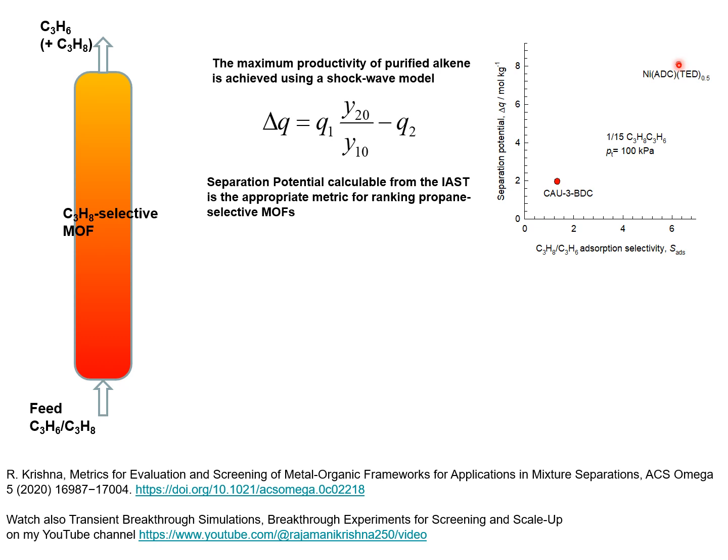It is clear that nickel ADC TED 0.5 has a significantly higher separation potential, and we should therefore expect a significantly higher productivity of purified propylene in the fixed bed adsorber. Let's see if the breakthrough experiments and breakthrough calculations support this prediction.